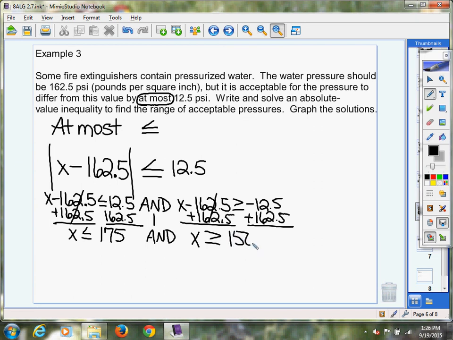So it looks like our range can be as low as 150 and as high as 175.